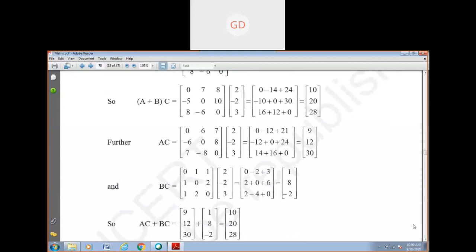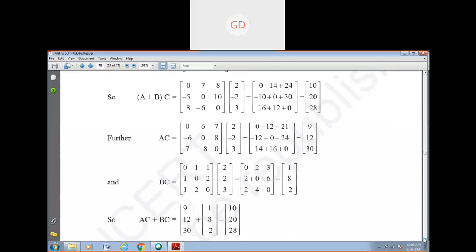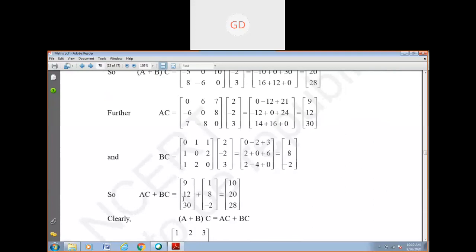Now the right hand side was AC plus BC. If we add these two matrices, we get this matrix, that is 10, 20, 28. So exactly it is the same as the left hand side matrix, which was also 10, 20, 28.